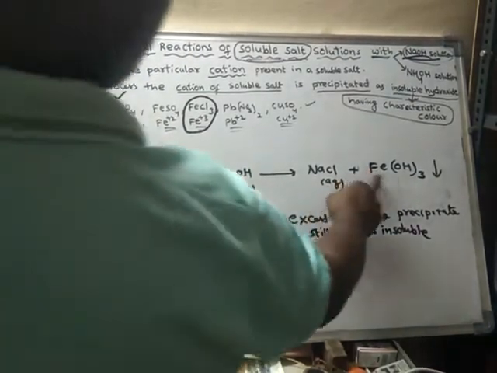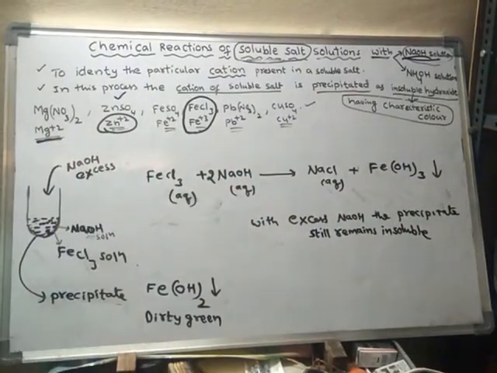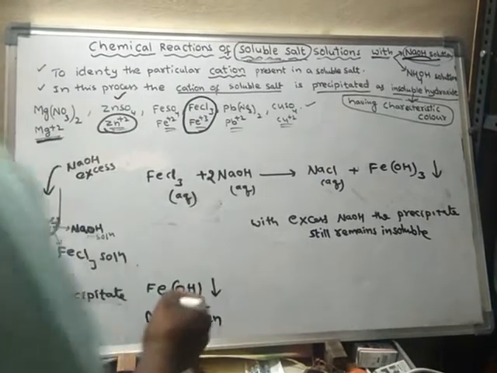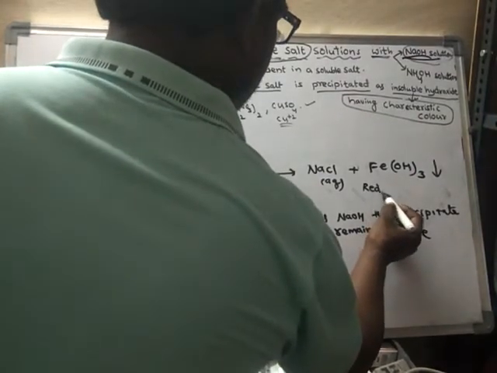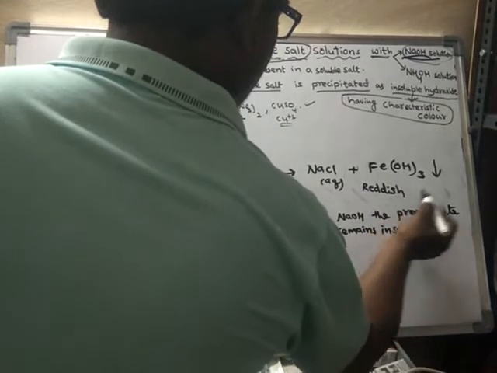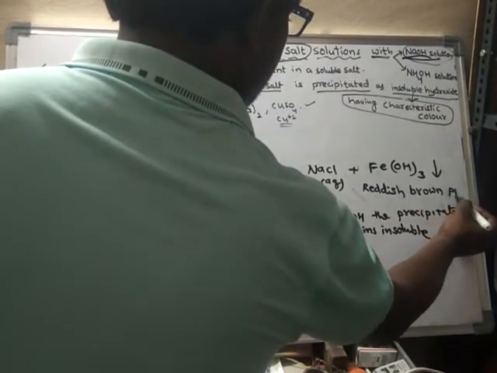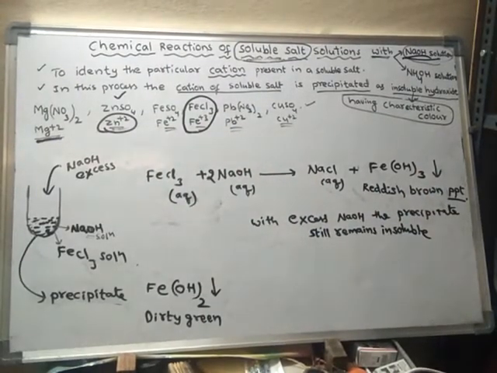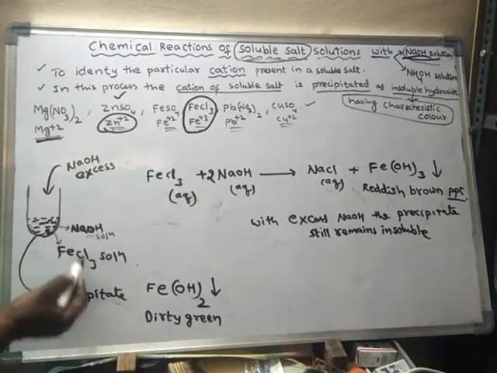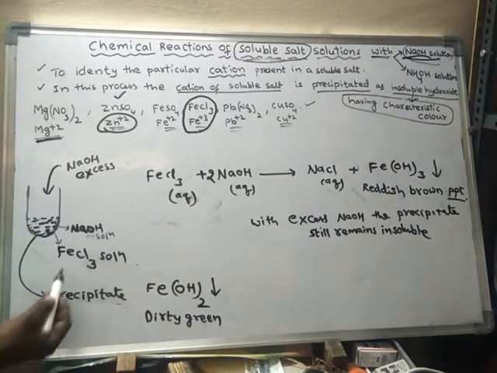So what is the color of this Fe(OH)3? It is a reddish brown precipitate, insoluble.